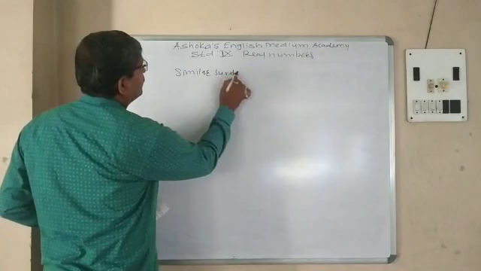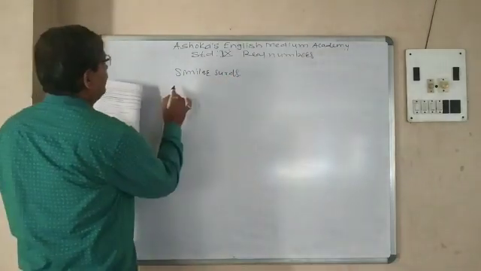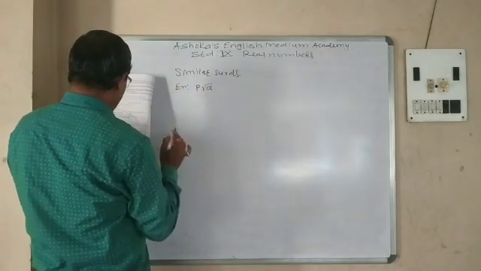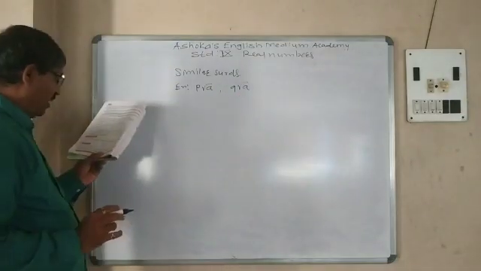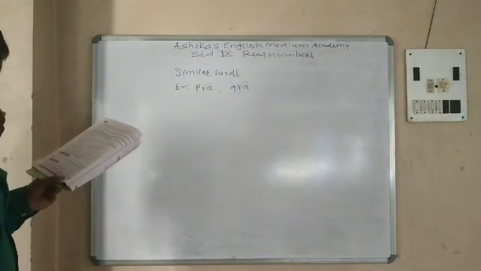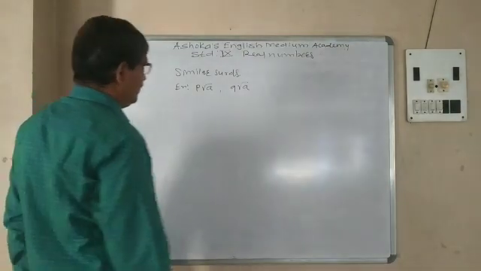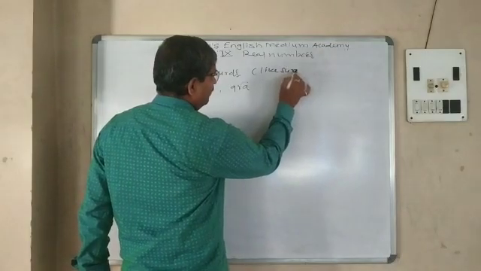Similar surds: p under root a and q under root a are called similar surds, or like surds.